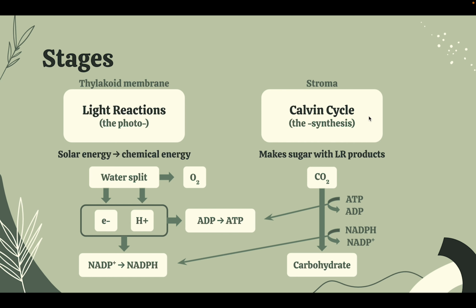And these go into the Calvin cycle, which is the synthesis part of photosynthesis. This happens in the stroma, which, if you'll remember, is the liquid around the thylakoids. The Calvin cycle is often called the light independent reactions, because it doesn't directly need light to function.